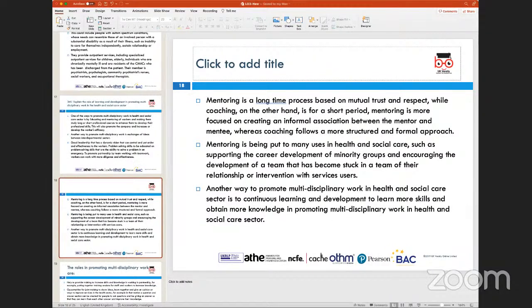And sometimes training in the form of mentoring and coaching can be far more effective than undergoing a lot of training. So you would generally see shadowing, training, or mentoring happening in order to promote multidisciplinary working within the hospitals and within various departments within the hospital.